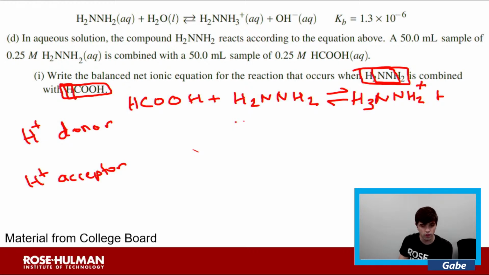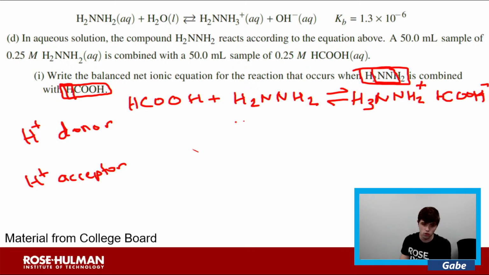Now, we can look at our methanoic acid that just lost that positively charged hydrogen, and so it's going to be a negative COOH, the negative charge at the end. And when we look at it, we can confirm this is our net ionic equation if we can see the overall charges on both sides.